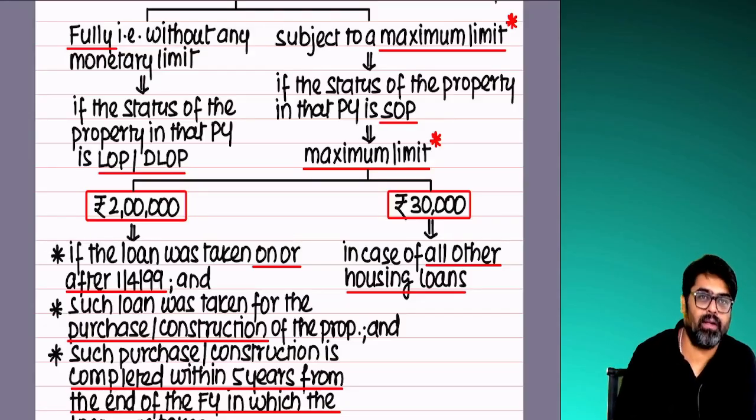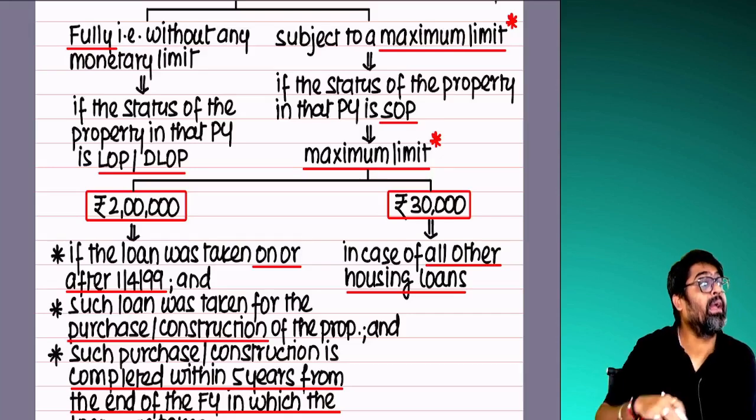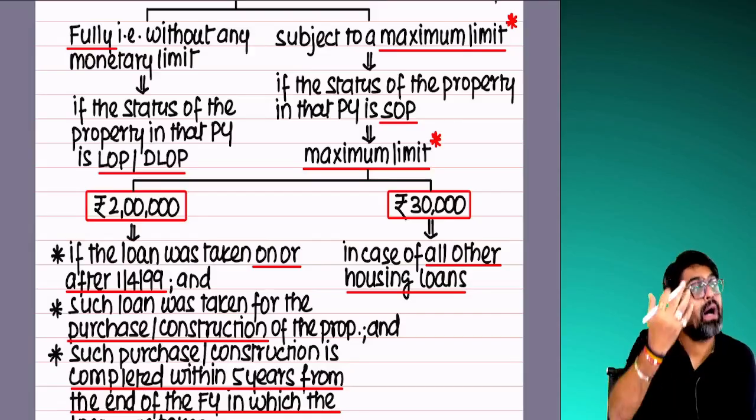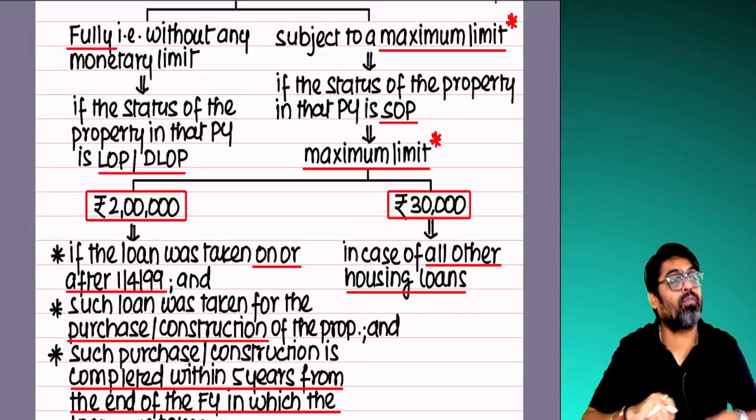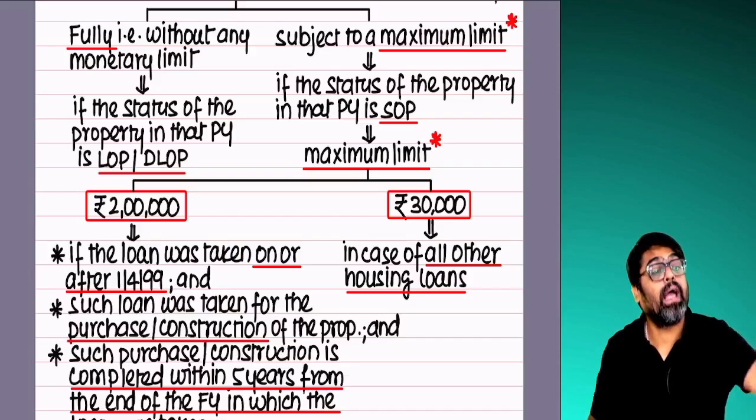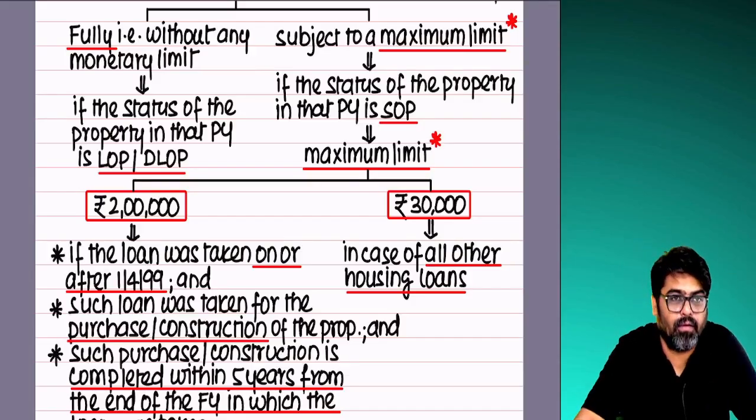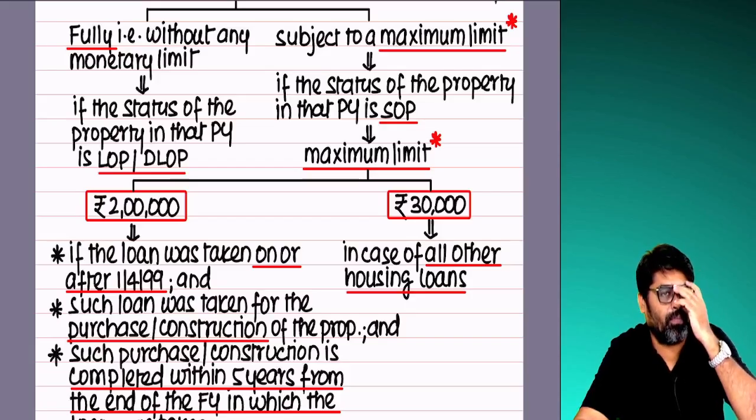But there is a limit on the interest on housing loan which you have taken for a property which is SOP. Can you have an SOP in this year? For that SOP, you have taken a housing loan.